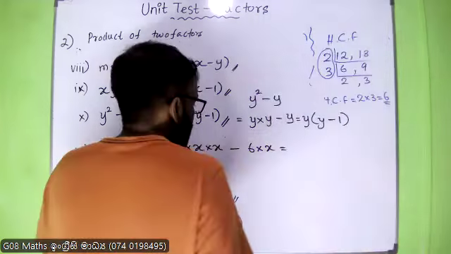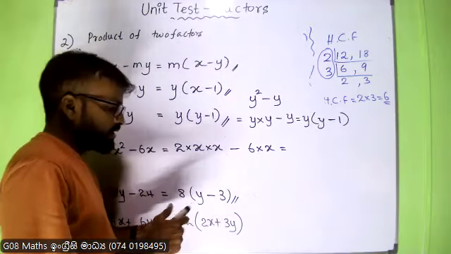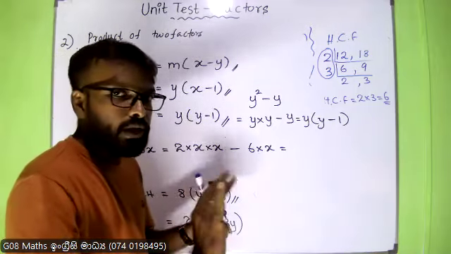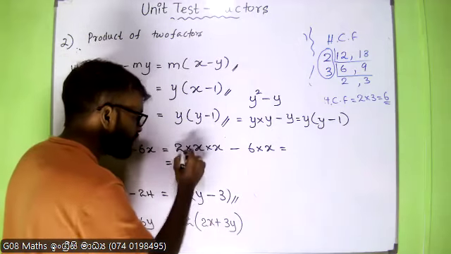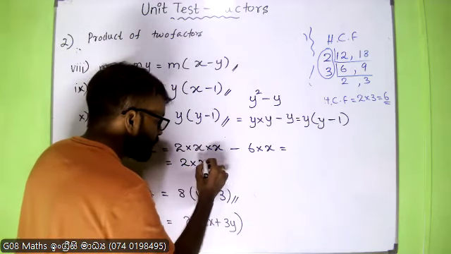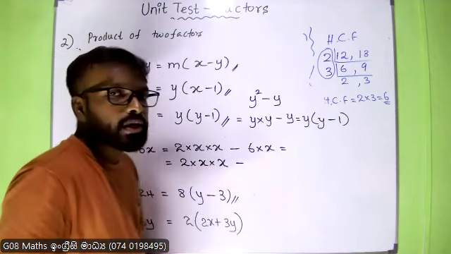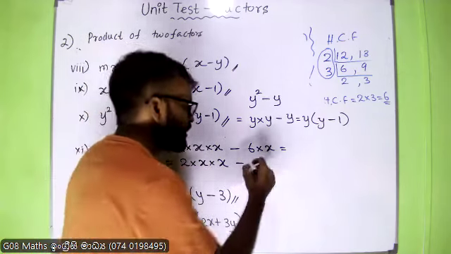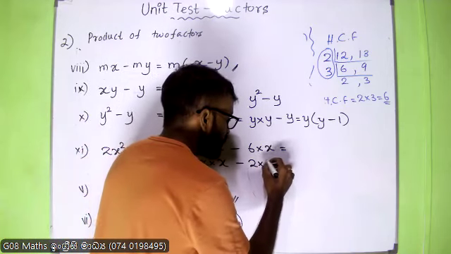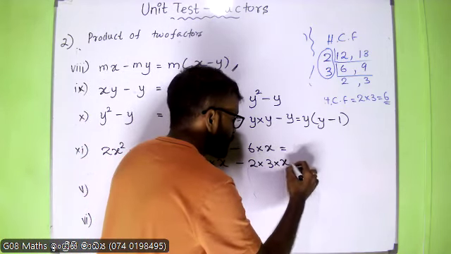So I will do this step by step so that you can understand. 2 times x minus 6 can be written as 2 times 3 times x.